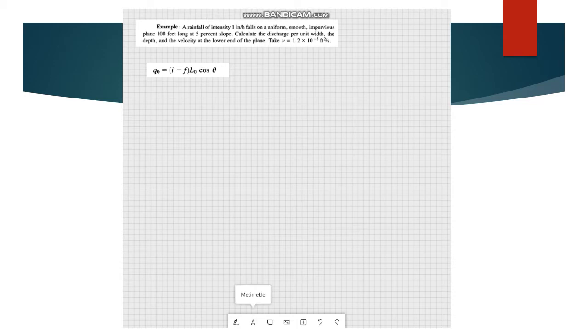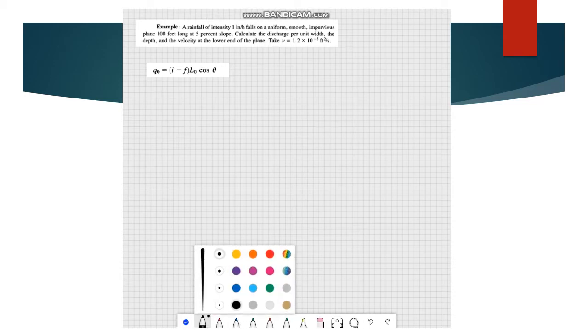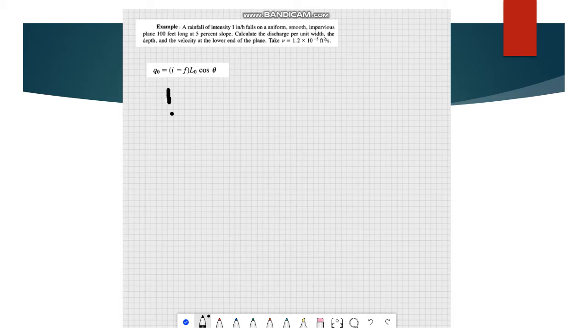Let's start. First of all, let's change this 1 inch per hour to feet per second, because we need to multiply by feet, so our q0 is going to be feet square over second.